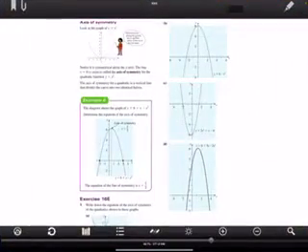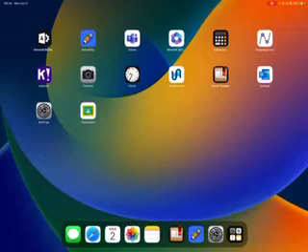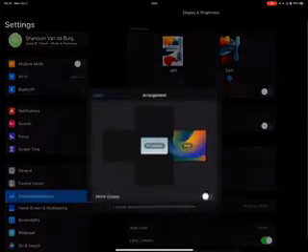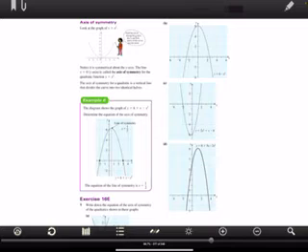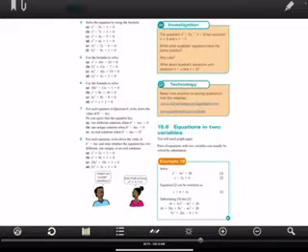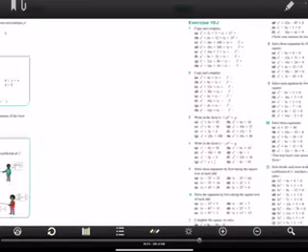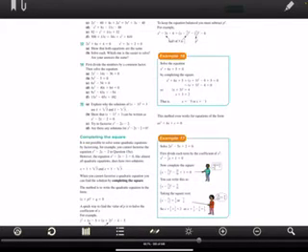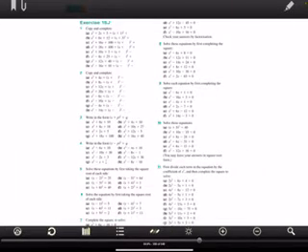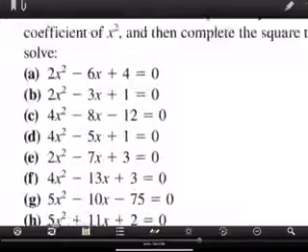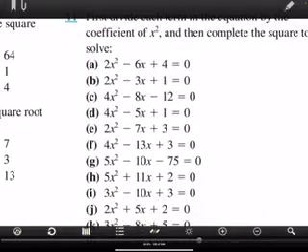Now, what if it is not the easy ones like that? What if you have fractions? Now you don't have x squared, you have 2x squared.